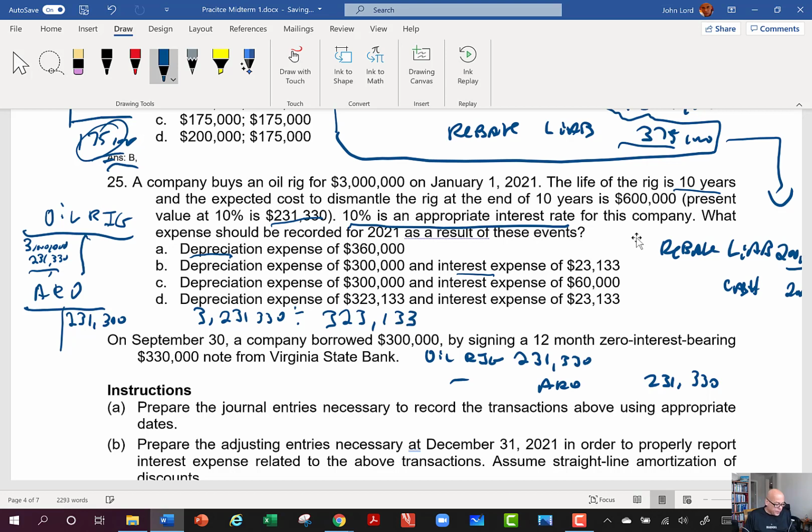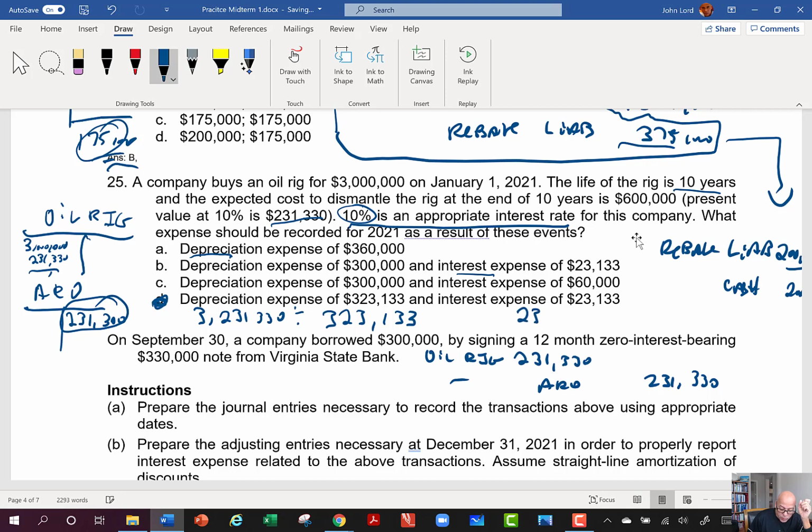Okay, so I look at my choices and, thank you, God, I could stop right there if I wanted to, because it's the only one that has the right depreciation amount. But then I have to get the interest, and the interest is based on the asset retirement obligation liability. They tell me the interest rate on that is 10%.